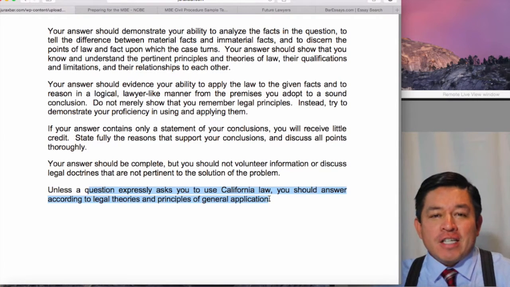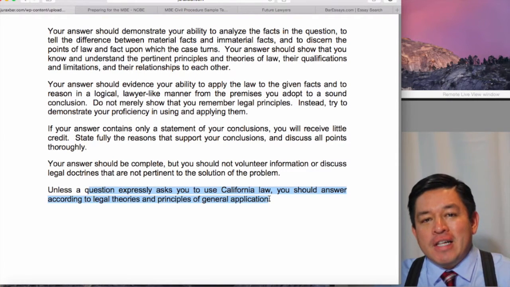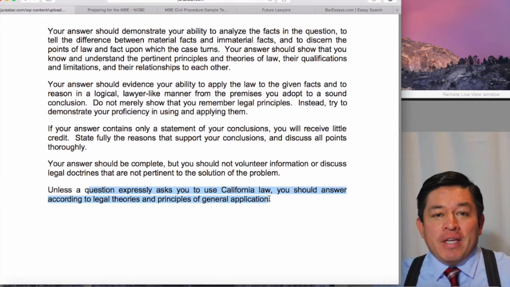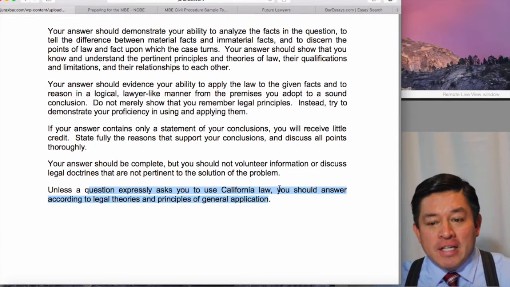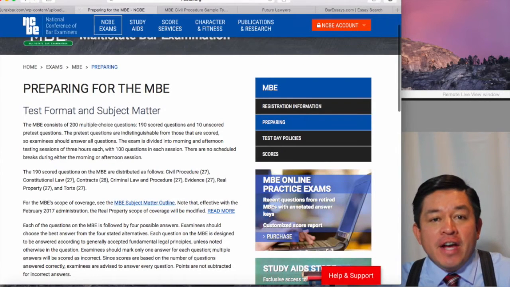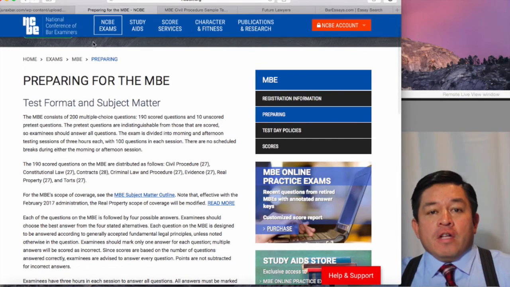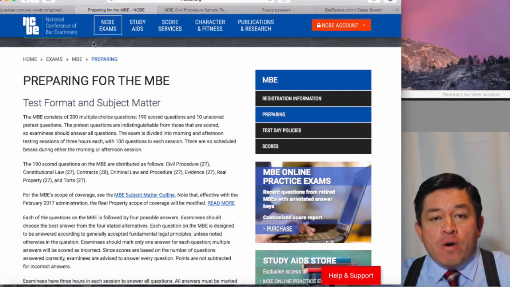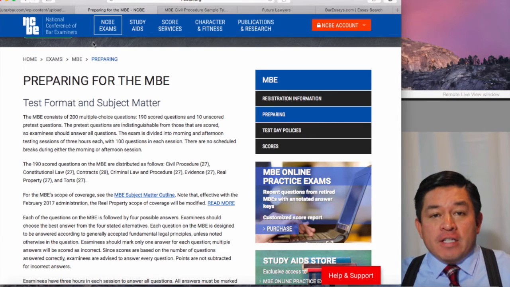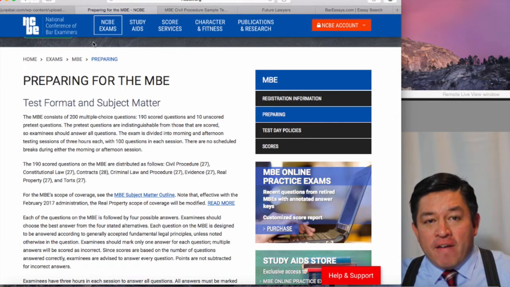Let's look at the National Conference of Bar Examiners. Since the State Bar of California adopted the MBE, and the MBE is produced by the NCBEX, let's go to that site now. So, I want to know if the NCBEX tests principles of general application, and if they do, they explicitly test the FRCP?